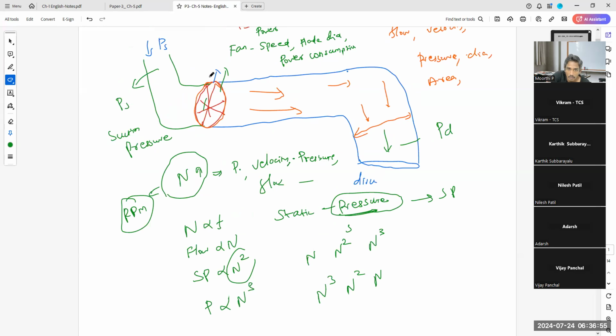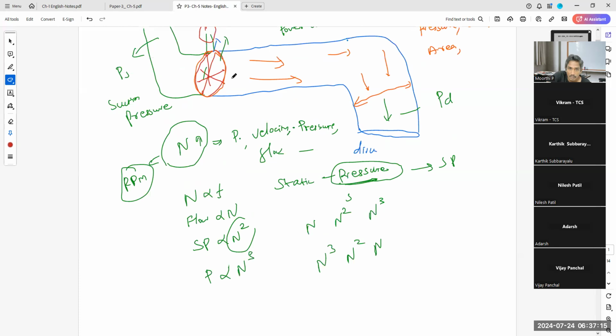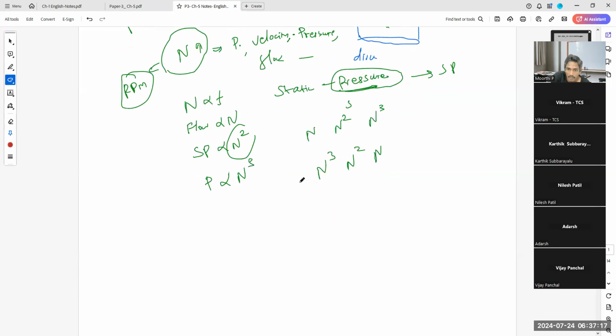First you start with the fan. Here take power. Fan always takes power. Here N, fan node speed always common. So power means cube. Always remember power cube.